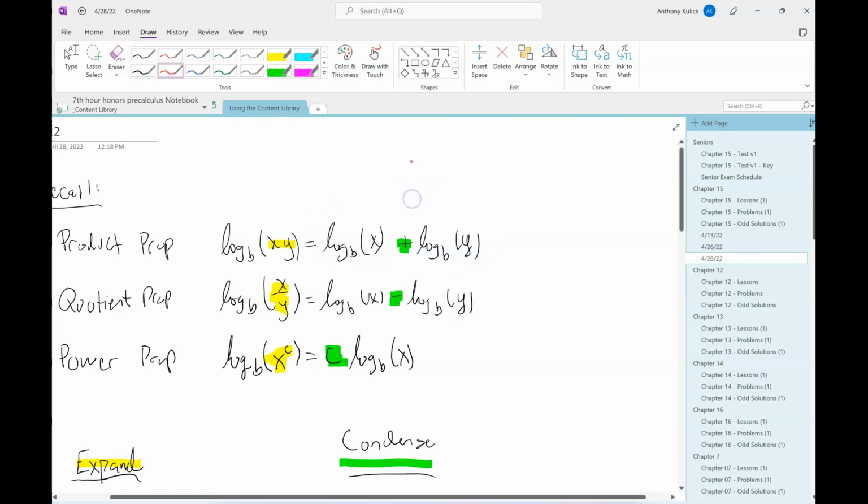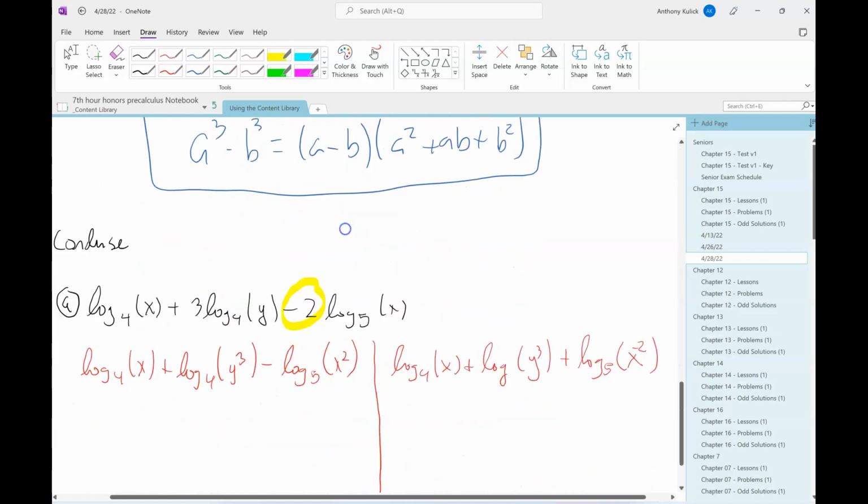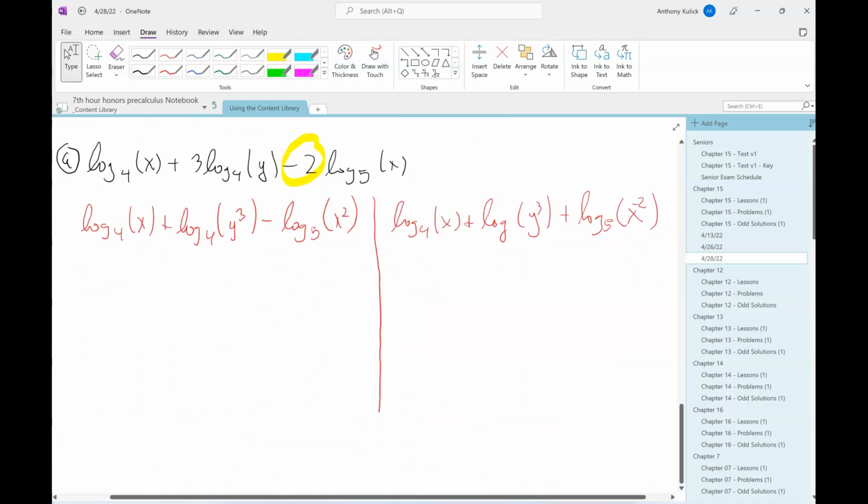We're not trying to make more logs, we're trying to make less. Do we see a product property? Yeah. Between which logs? Yeah, the first and second logs. Absolutely. So we can apply the product property there.